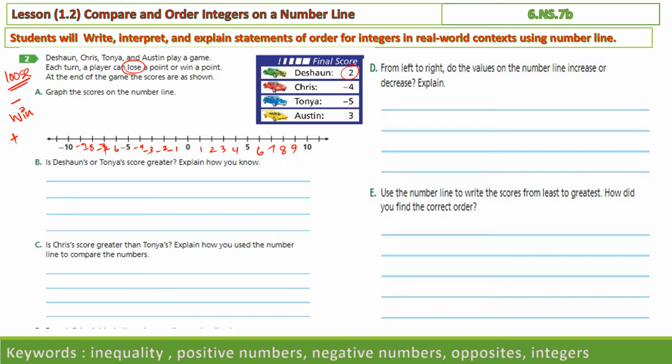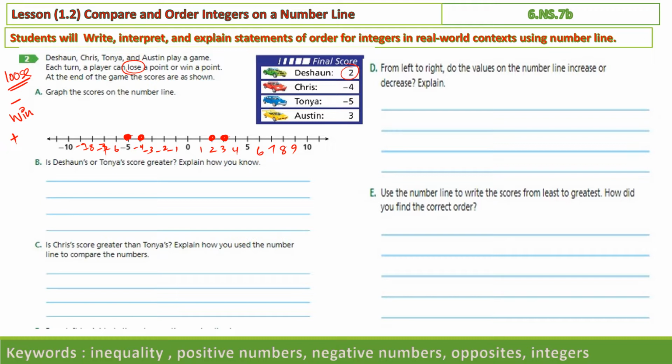So Deshaun 2 marks here. Chris negative 4, it means he lost 4 points. Tanya negative 5, she lost 5, so negative 5 on the left. And Austin 3, it means you have to express it on the right side.